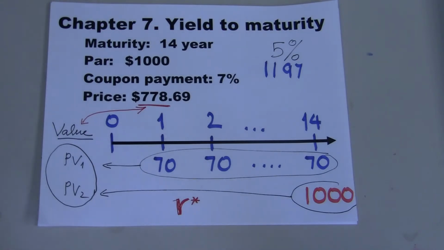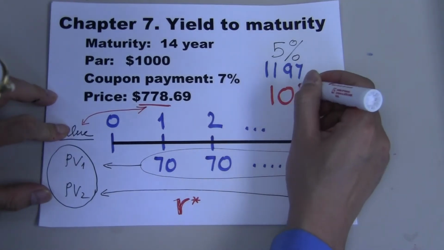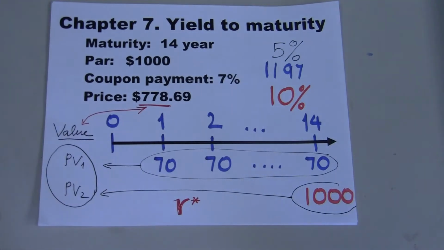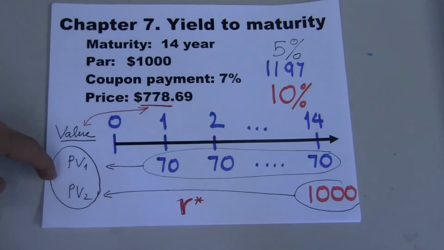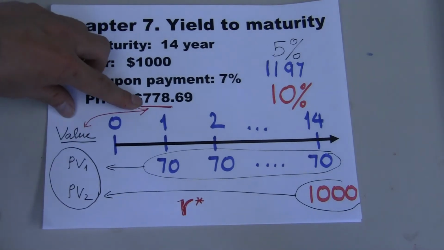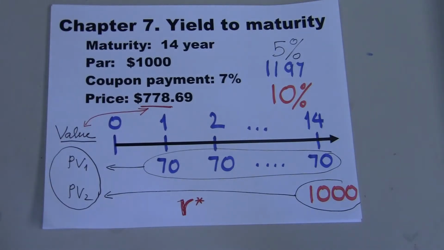I do another try, and this time I try 10%. I do the present value twice and add them up, and surprisingly this time I got almost exactly $778.69.